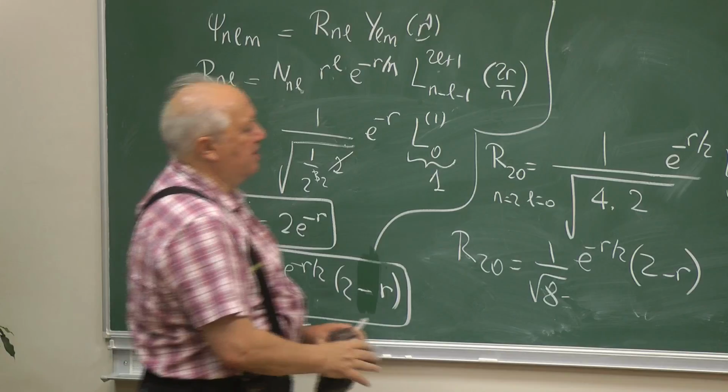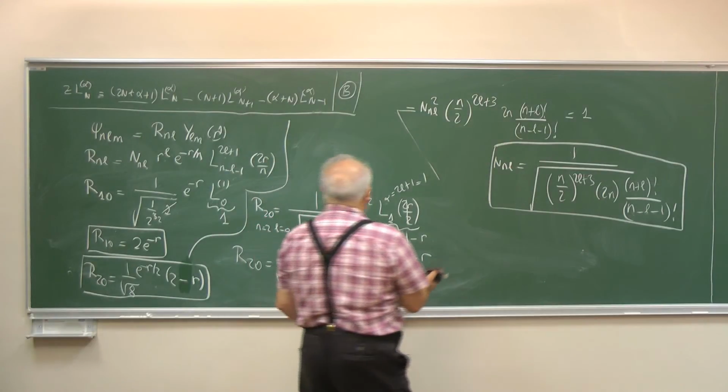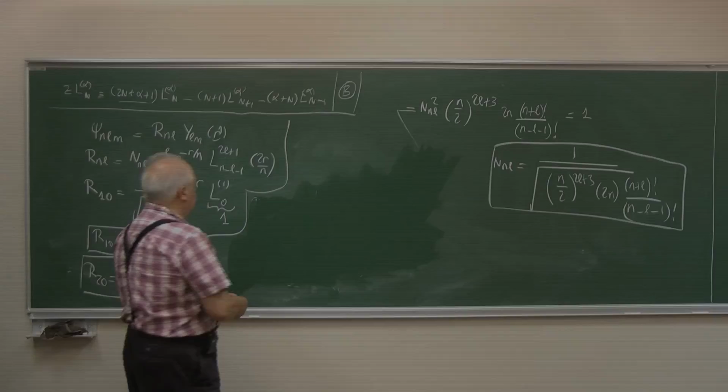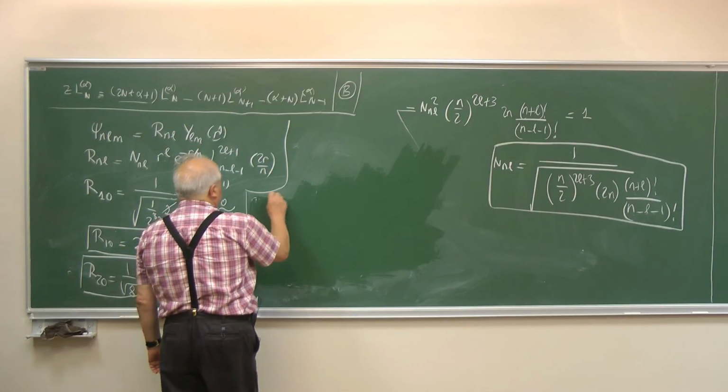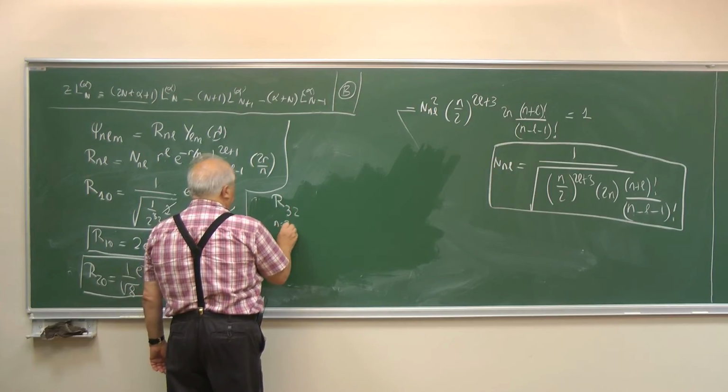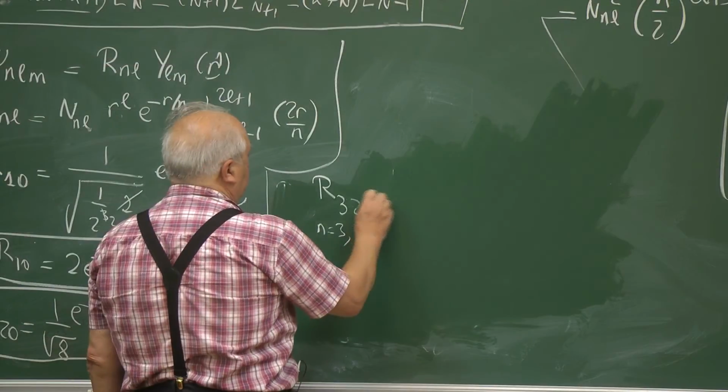And let me compute one last one. I am erasing this one because this is the computation. All right, let us compute this one. For example, R_3,2. n equals 3, l equals 2.